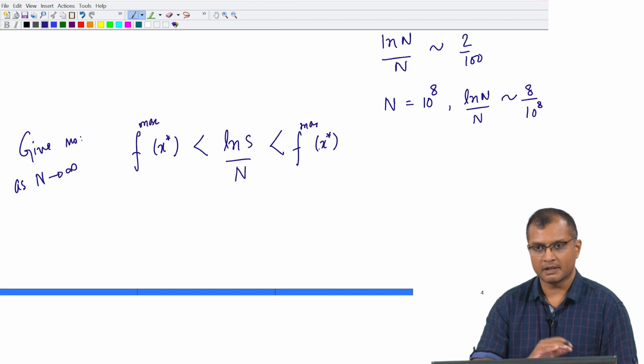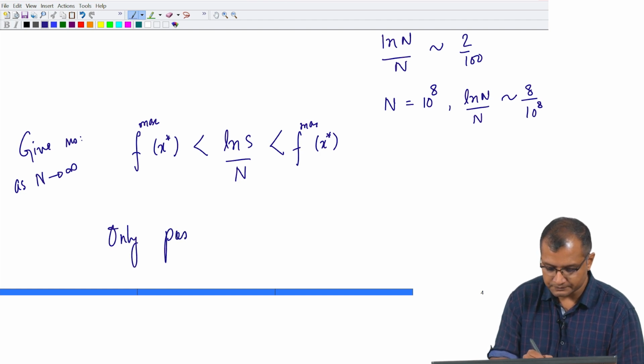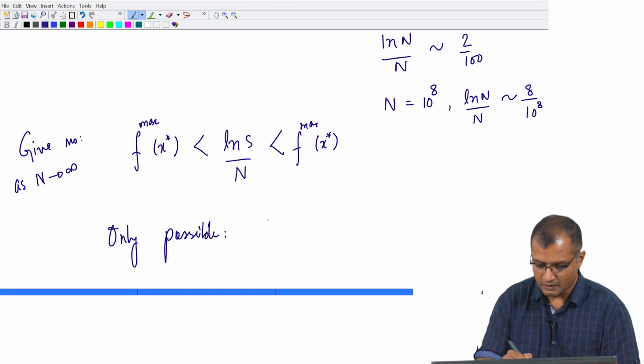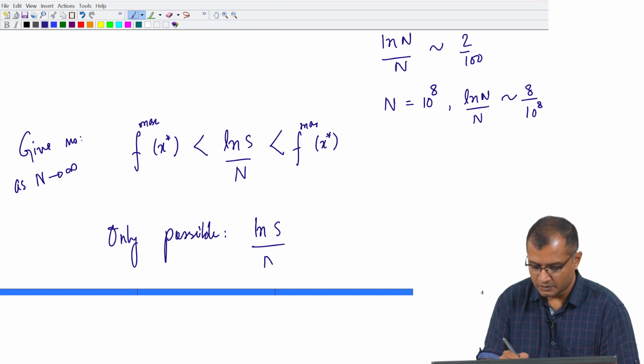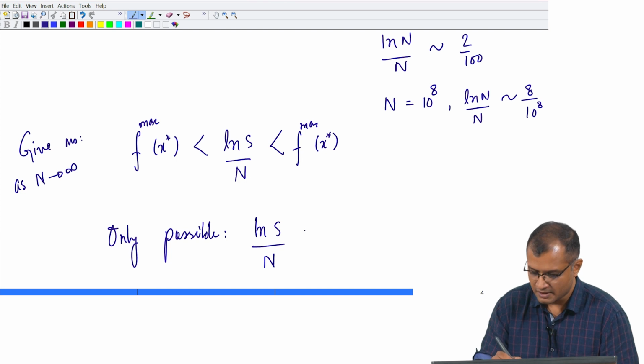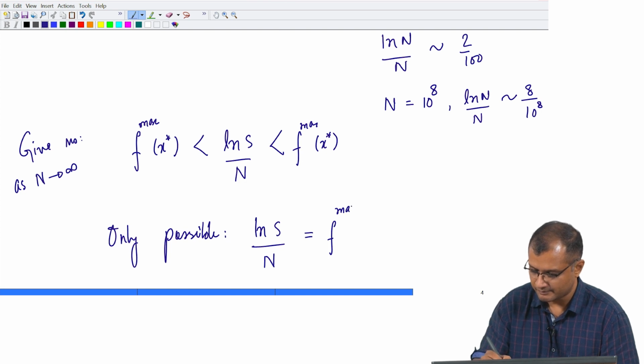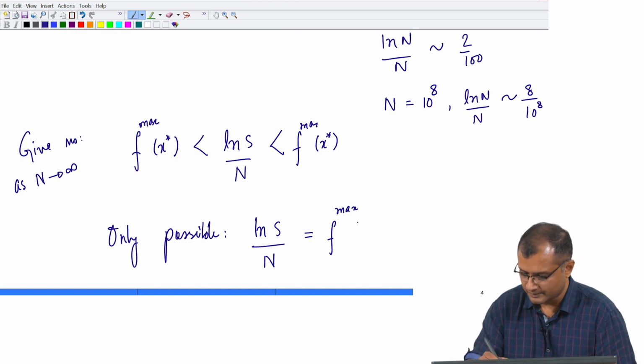by the same number, which is f max, and this is only possible if I write down ln s as it takes the value one of them, because it is bounded from above and below by the same number. So, I will say that ln s by n is equal to f max at x star.